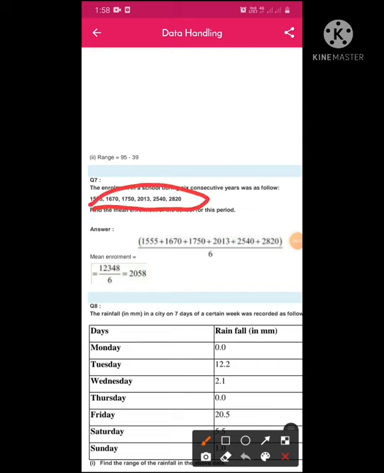Here are the numbers of enrollments in 6 years. What we have to do is add these numbers and divide by the number of observations, meaning 6 years means divide by 6. So the mean enrollment addition will be 12,348 divided by 6, and we will get 2058.